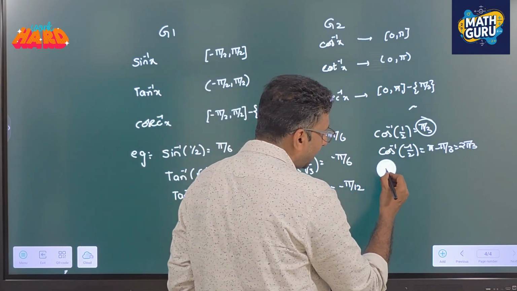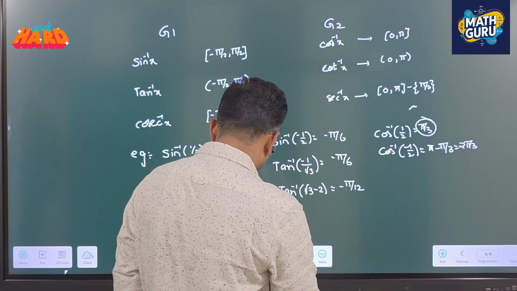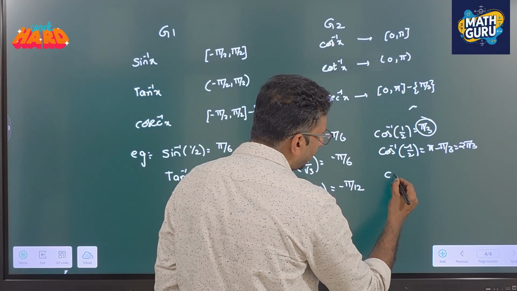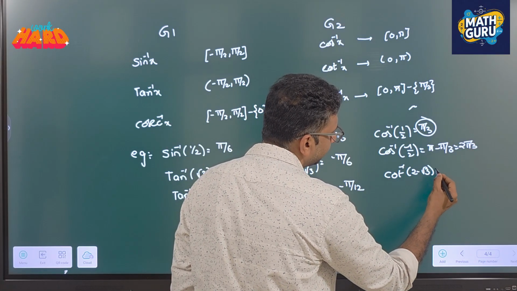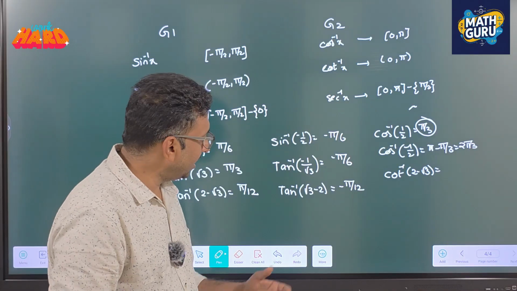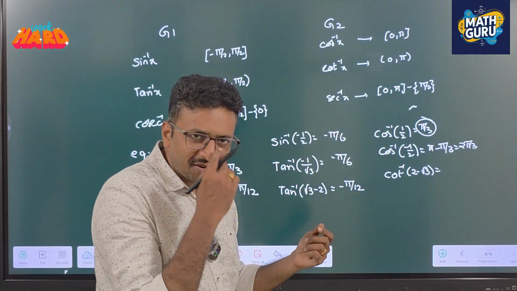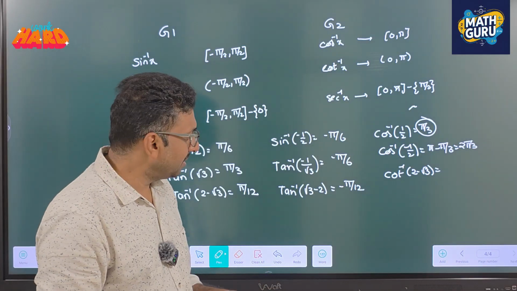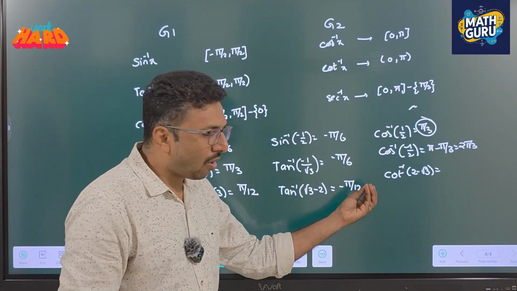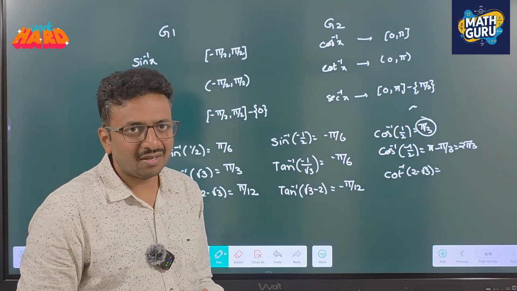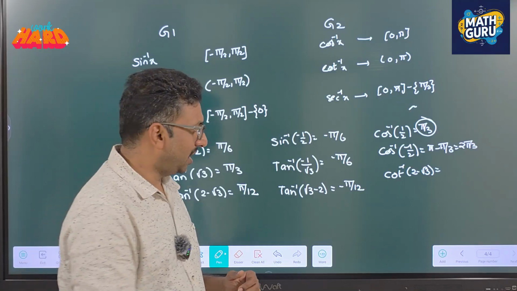For example, cot inverse of 2 minus root 3. So you know what cot inverse of 2 minus root 3 is. Tan of pi by 12 is 2 minus root 3. So cot of 5 pi by 12 is 2 minus root 3, right?